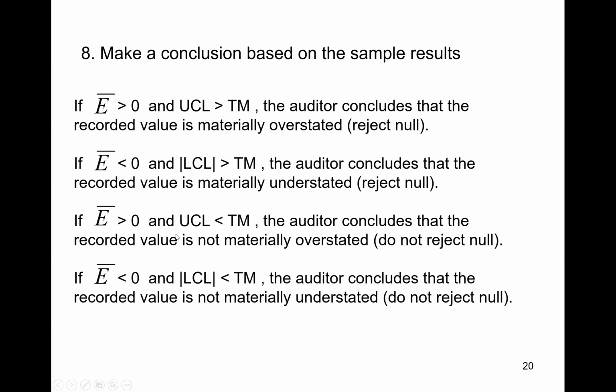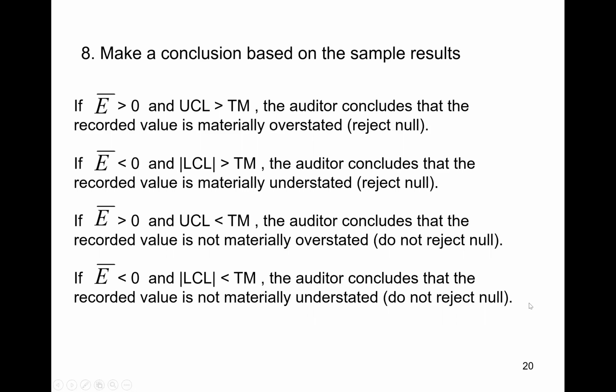Okay, now if the upper confidence limit is less than the materiality threshold and the errors are positive on average, then the auditor can say, well, it's not materially overstated. And similarly, if the errors are negative, but the lower confidence limit in absolute terms is smaller than the materiality threshold, again, that's not a material misstatement.